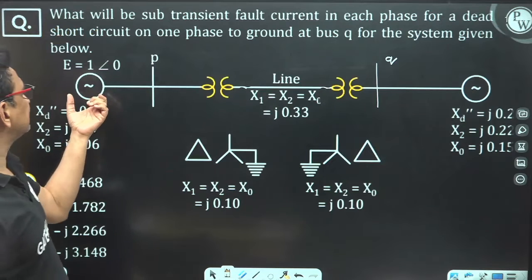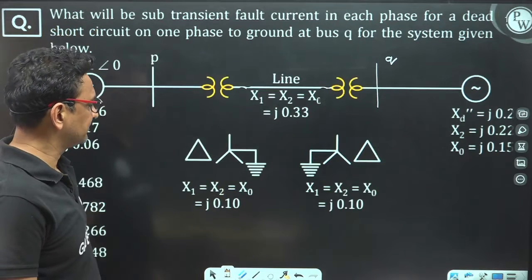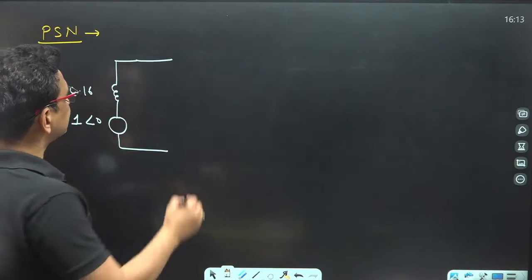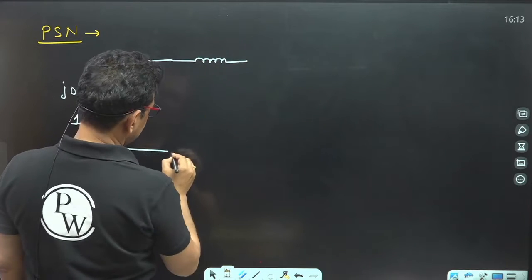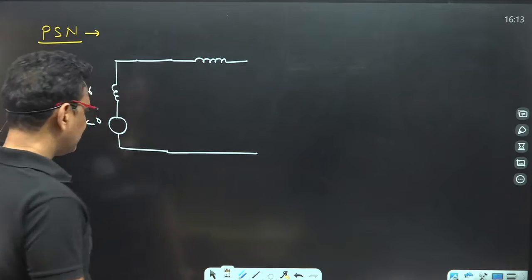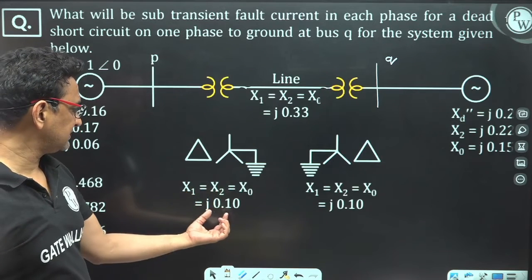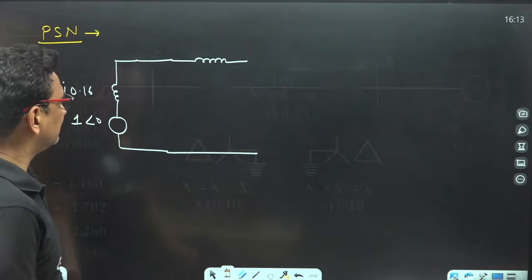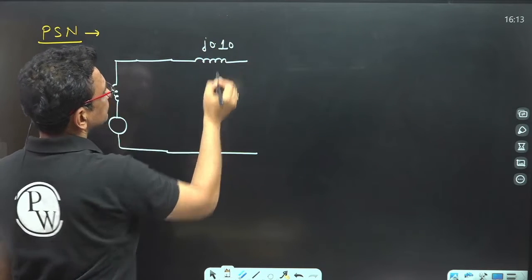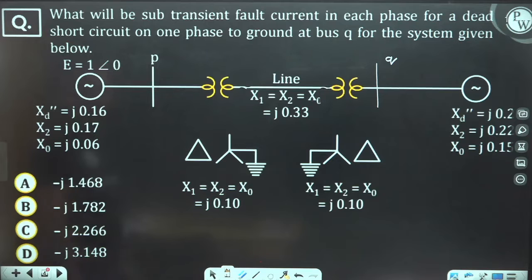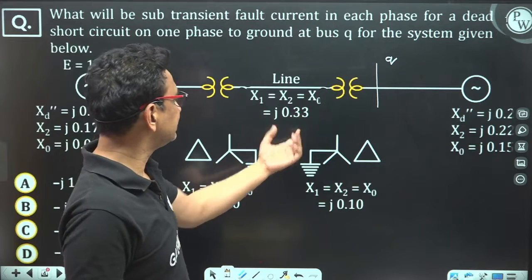Now after this alternator we have a transformer. The positive sequence network of the transformer is nothing but a reactance whose positive sequence reactance value is J 0.10. Now next, again we have a transmission line.